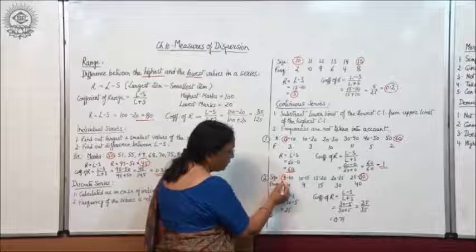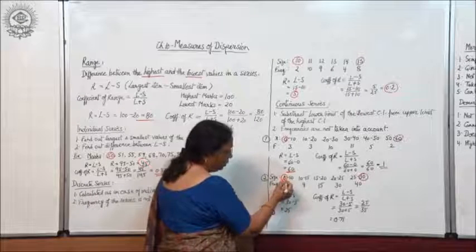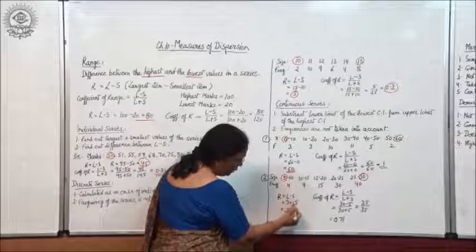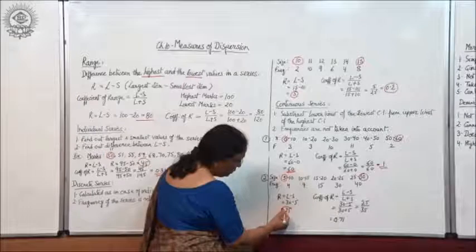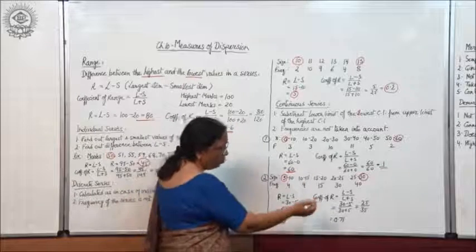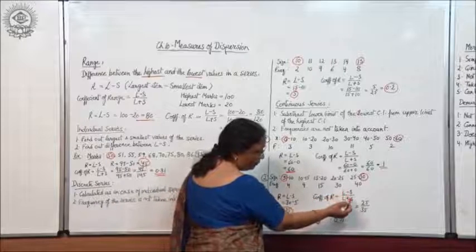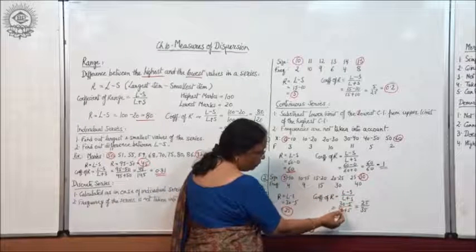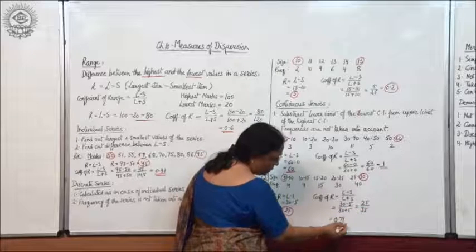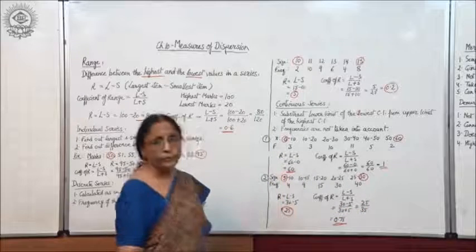The lowest class interval is this one, and the lower limit of the lowest class interval is 5. So, 30 minus 5 and range is 25. Clear? Coefficient of range is L minus S upon L plus S, 30 minus 5 upon 30 plus 5, 25 upon 35, and this is the coefficient of range.